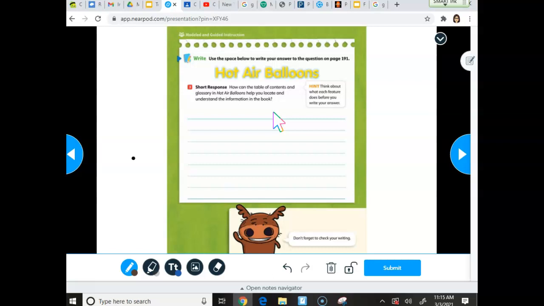It helps you locate the chapters quickly and figure out what you are going to read about in each chapter. And what about the glossary? The glossary gives you the definition of the words. Remember, when we looked in the passage, did we understand the meaning of the words? No, we didn't.